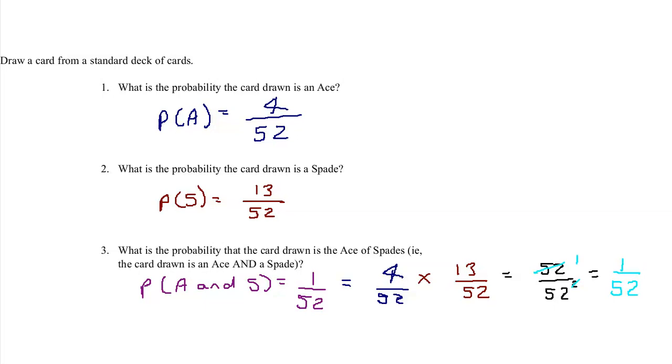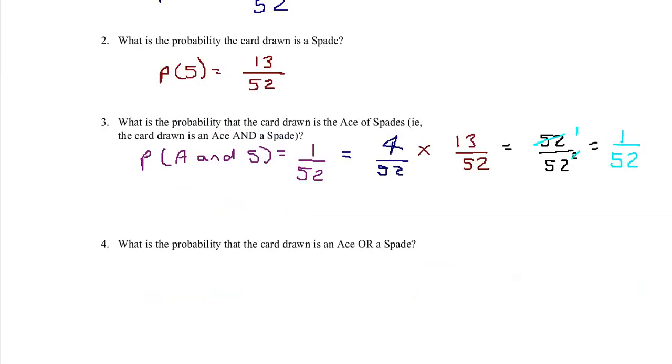Okay, so now what we want to look at is what's the probability that the card we drew is either an ace or a spade? What's the probability that it's one or the other? Well, the probability that we get an ace or a spade, how many of the cards are aces?